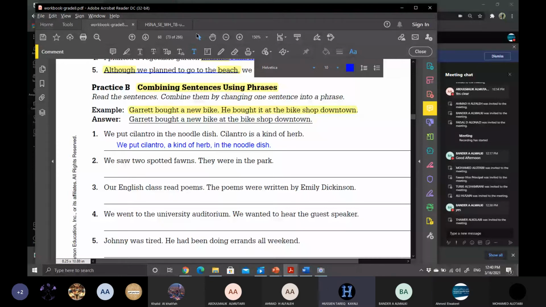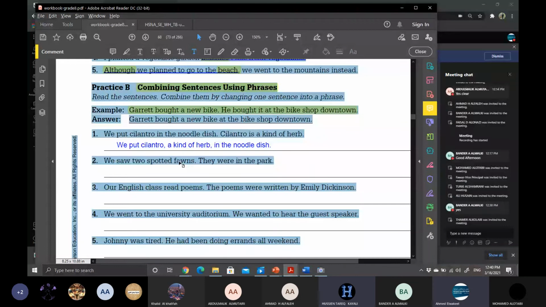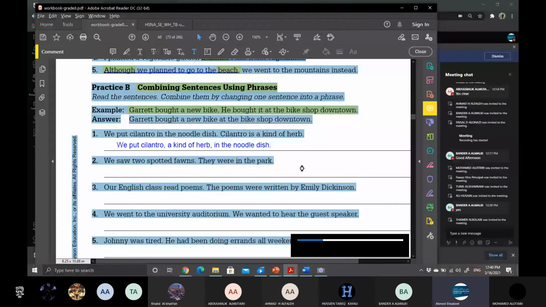We saw two spotted fawns where they were in the park. So what shall we ellipse to make the two simple sentences just one phrase? Just ellipse they and ellipse were. So we saw two spotted fawns in the park. So just add the prepositional phrase.